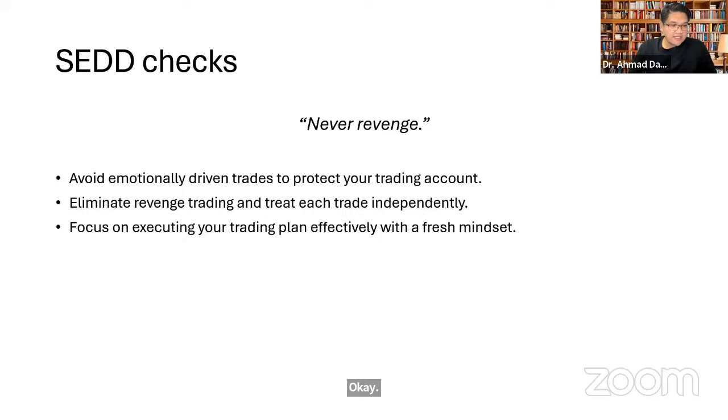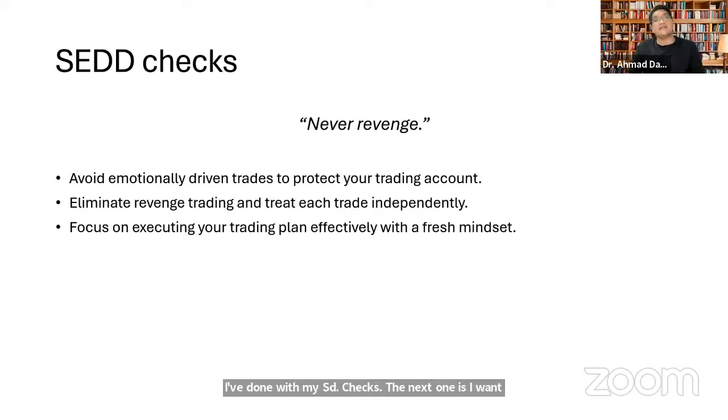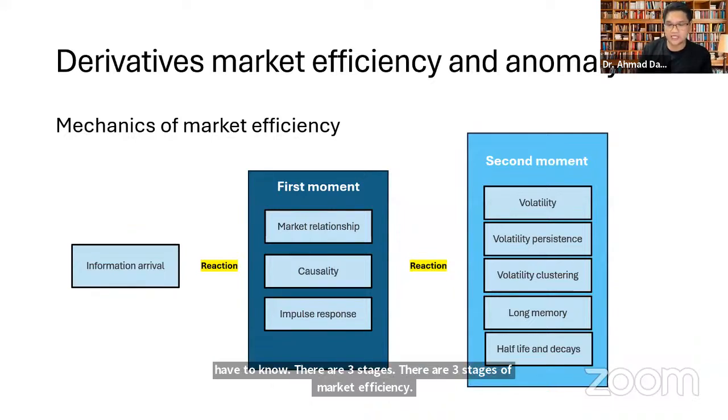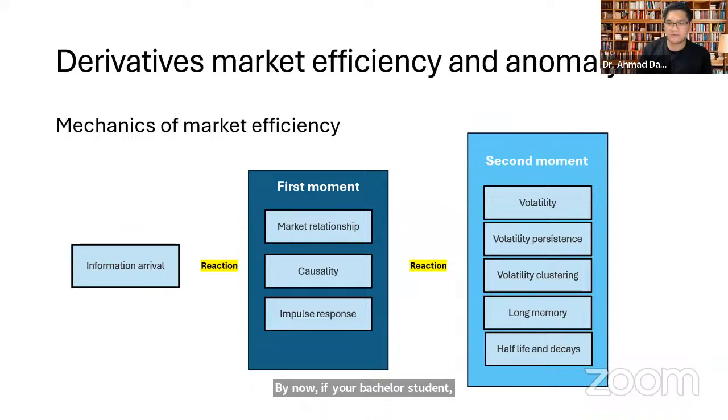The next one is I want to share about derivative market efficiency and anomaly. You have to know there are three stages of market efficiency. By now, if you're a bachelor student interested in the financial market, you have to know there are three stages.